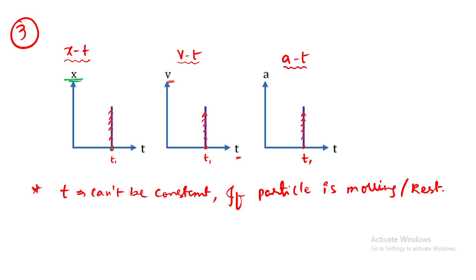Time keeps on moving only. Yes or no? It's always a variable. So this graph is also not possible. This graph is also not possible. Yes or no?